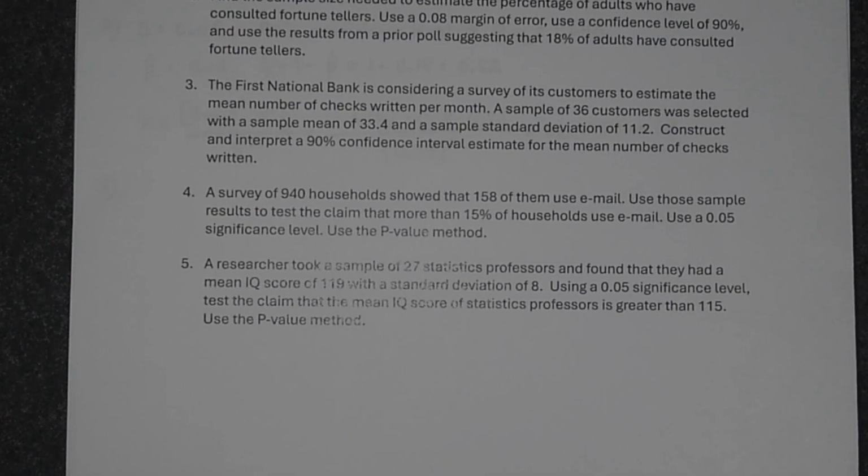A sample of 36 customers was selected with a sample mean of 33.4 and a sample standard deviation of 11.2. Here we're going to construct and interpret a 90% confidence interval estimate for the mean number of checks written.